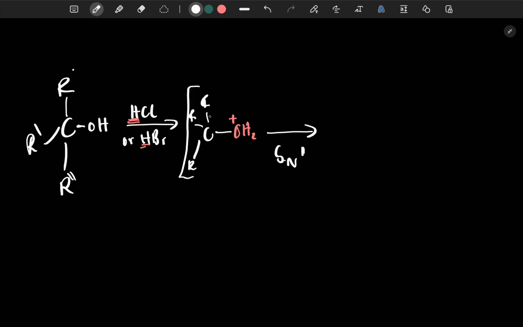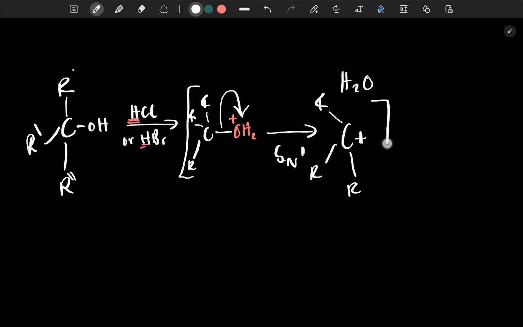So look at him. The 2 electrons from this bond are going to go to this OH2, and it is going to fly away as H2O, and you remain with a carbocation. So this carbocation was not attacked by anyone. He split on his own. That is why they call it SN1. He split on his own.